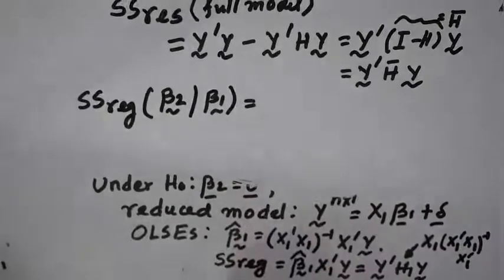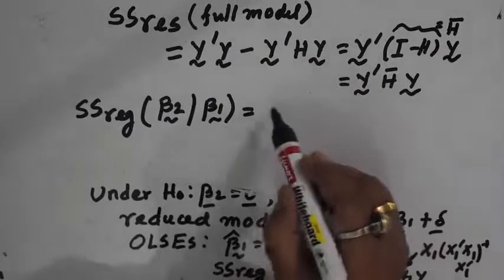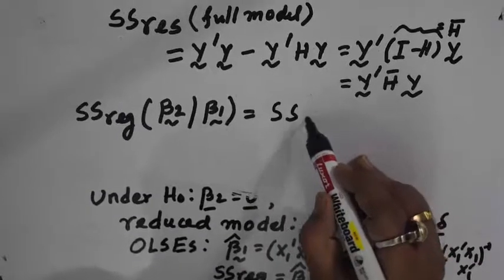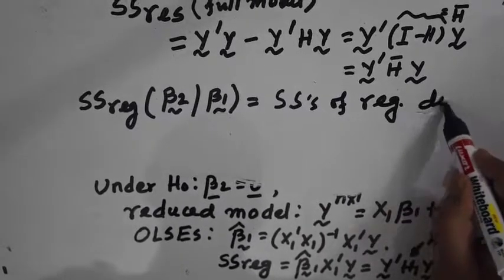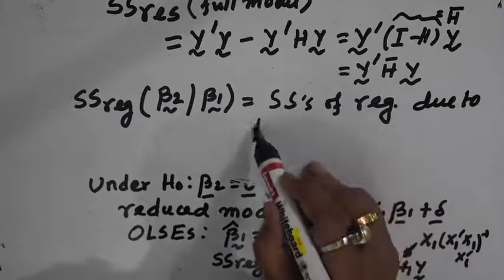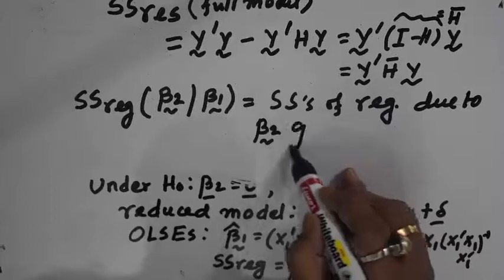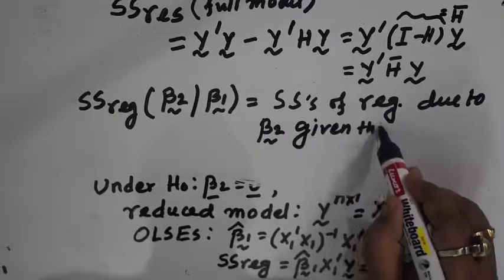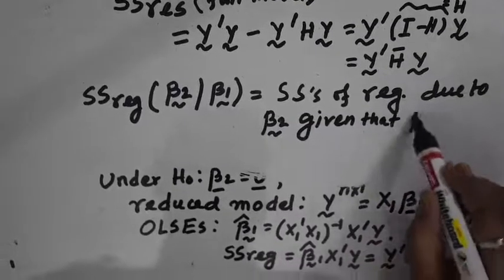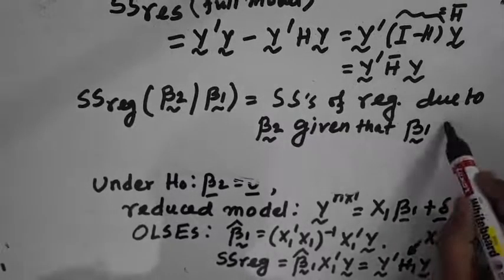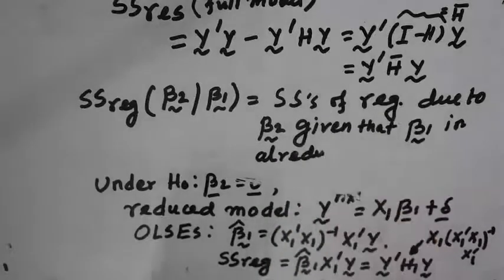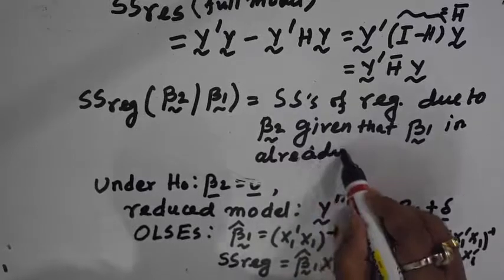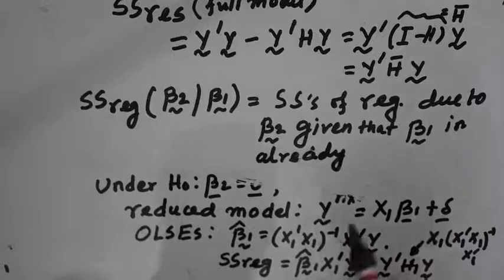This is equal to the sum of squares of regression due to beta 2 curl given that beta 1 curl is already in the model.